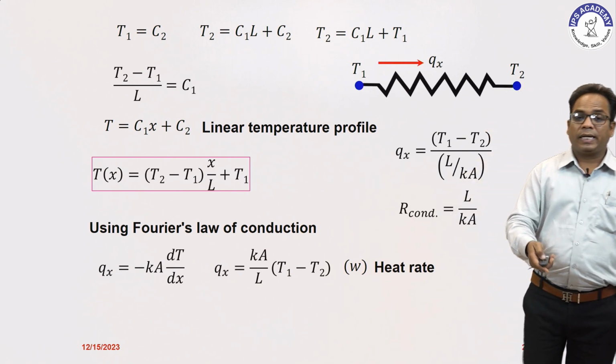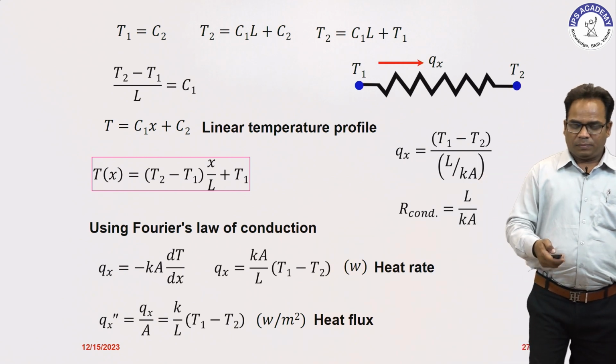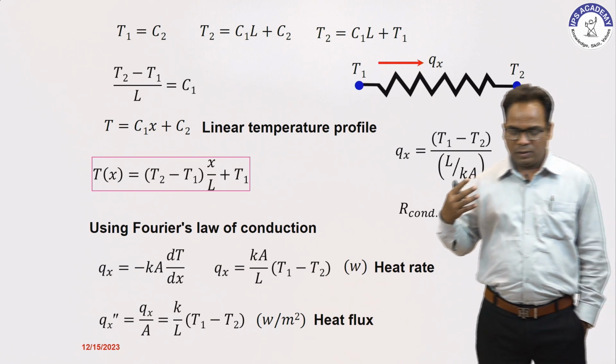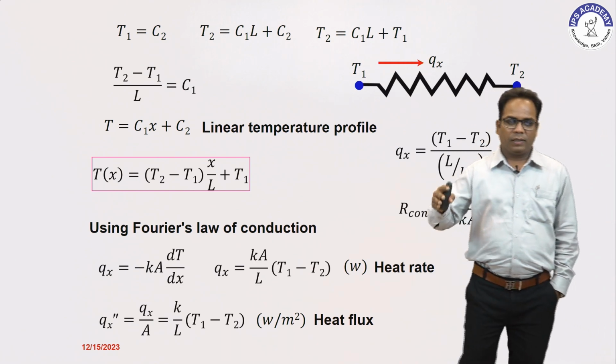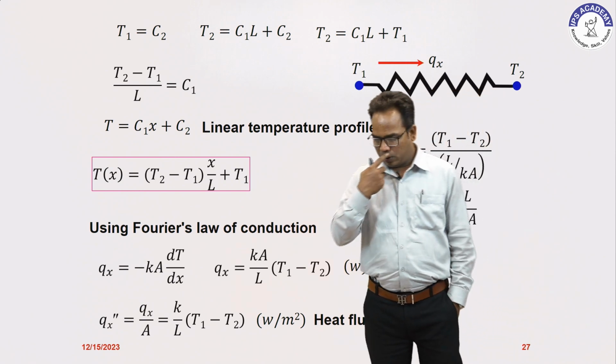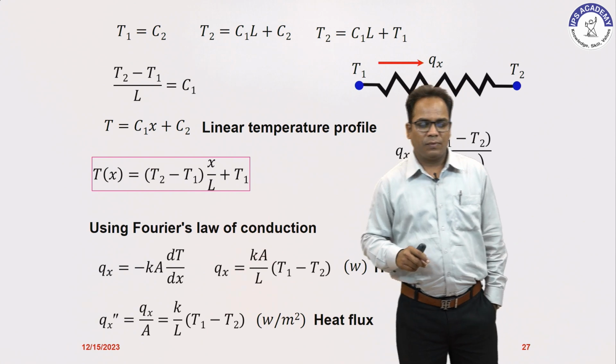This is known as the conductive resistance, which is L by kA. Similarly, you can also identify the convective resistance as well, but convective heat transfer we will not cover in this lecture. We'll only restrict ourselves to conductive heat transfer.